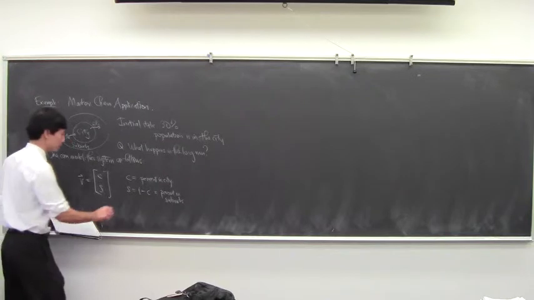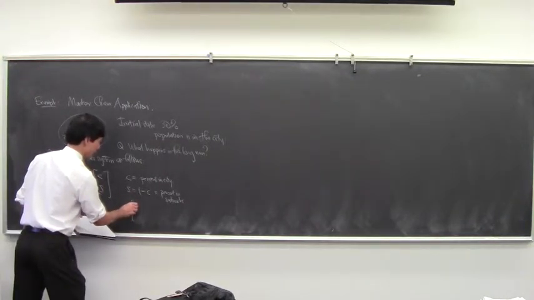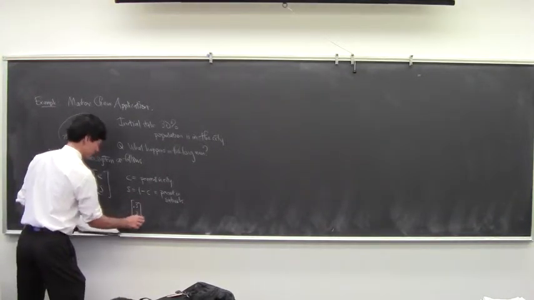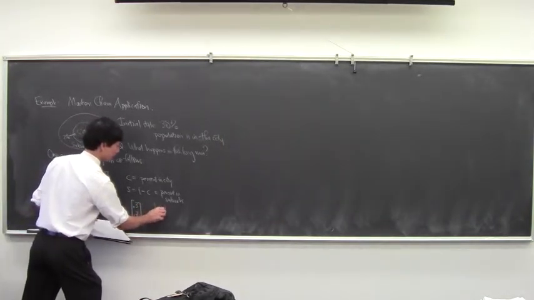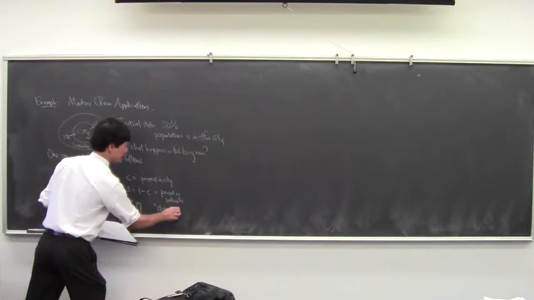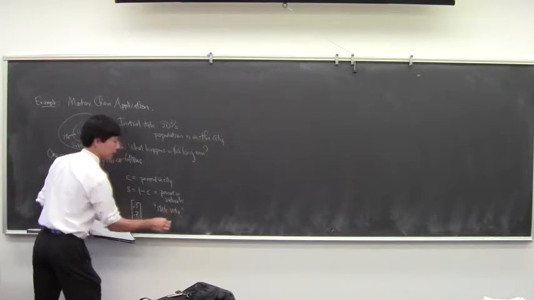Okay, so for us at the very beginning, we have 0.3, 0.7. This is called the state vector. Right? What is the state of our system?